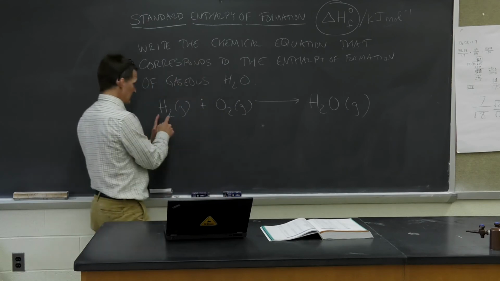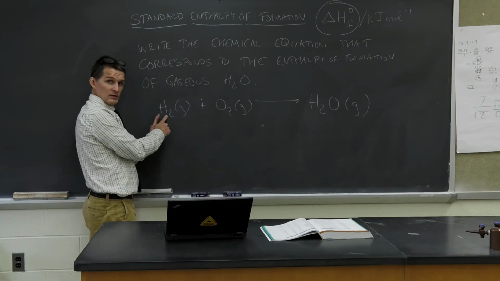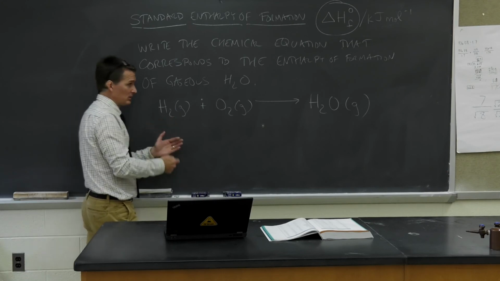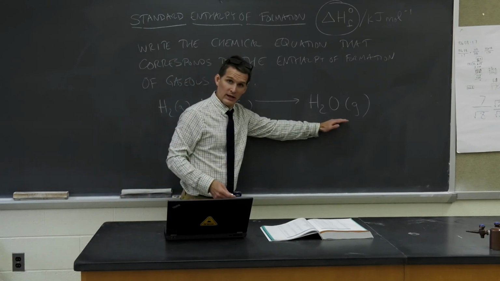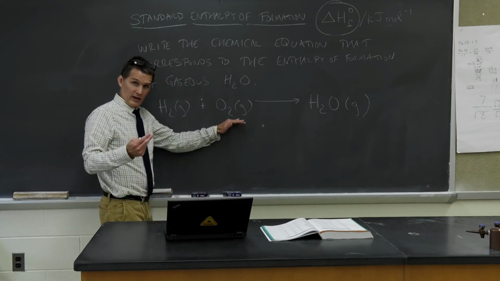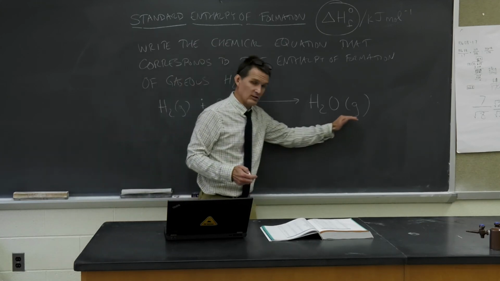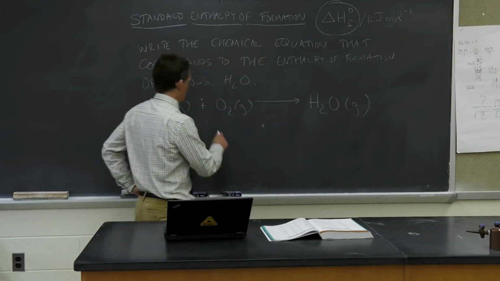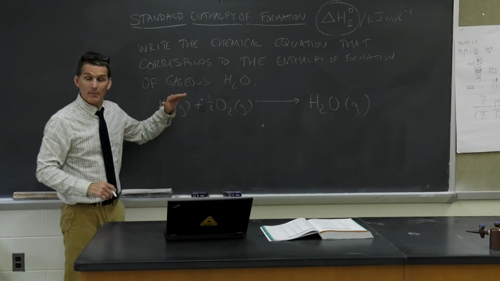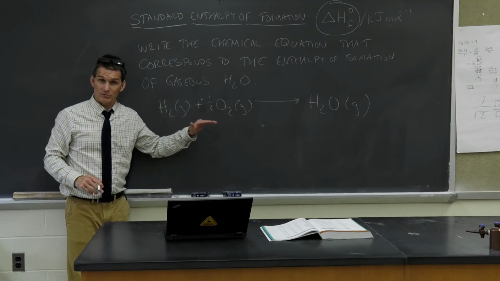I see that I have 2 moles of hydrogen atoms on this side because of H2, which matches what I have in the product. But over here I have 2 moles of oxygen atoms in the reactants, but only 1 mole in the product. So if I take half a mole of oxygen gas, then I end up balancing this chemical reaction.